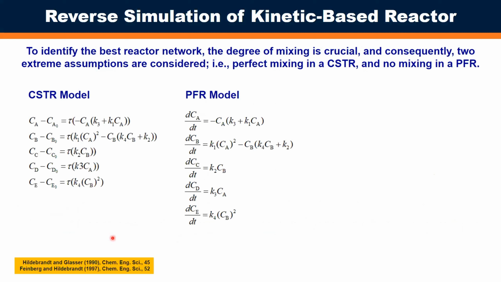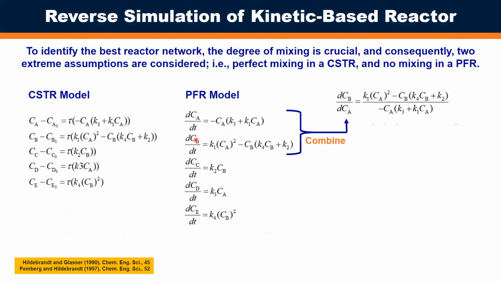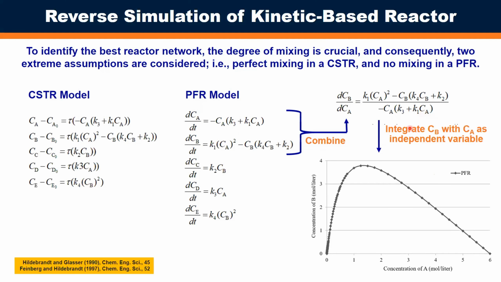For the PFR model, we can take the top 2 equations here, combine them into an expression like this, and then integrate it to get the concentration of B as a function of concentration of A. That gives you the attainable region diagram that was developed by Professors Hildebrand and Glasser back in the early 90s.